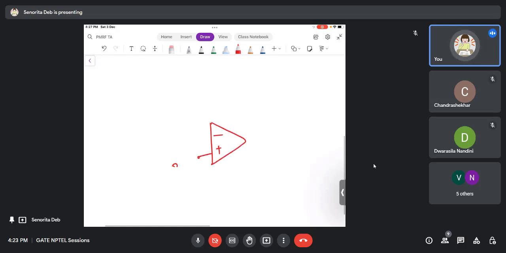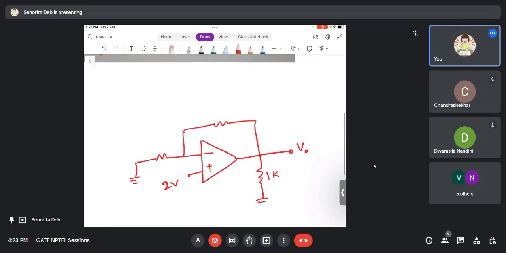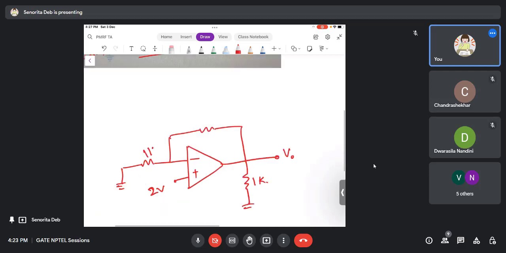We applied a plus 2 volts here. This is ground. This is 10. This is V naught. 1K. It's correct, right?